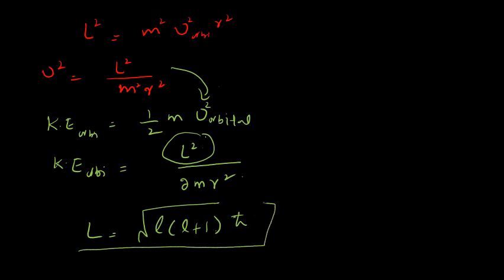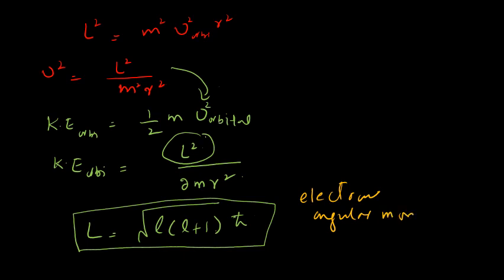So this equation represents the electron angular momentum. Here l is the orbital quantum number.